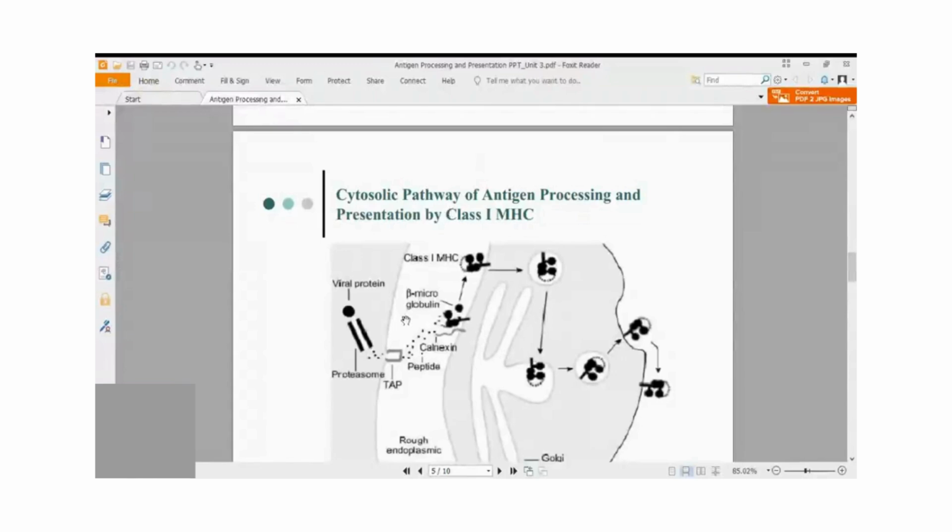The antigen is present in the cytoplasm and that antigen is processed and presented. Here it is mentioned as viral protein. It could be a bacterial protein or it could be even a cellular protein. Okay, if it is cellular protein, it is self. If it is bacterial and viral protein, it is non-self.